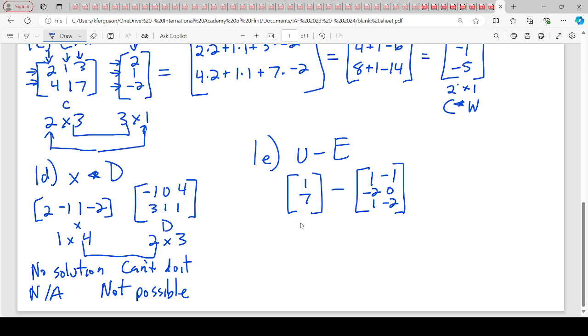So I look at the dimensions of U and E. This is a 2 by 1 matrix. This is a 2, no, oops, sorry. Got ahead of myself. This is a 3 by 2 matrix. We're subtracting. Subtracting says that my dimensions have to be the same.